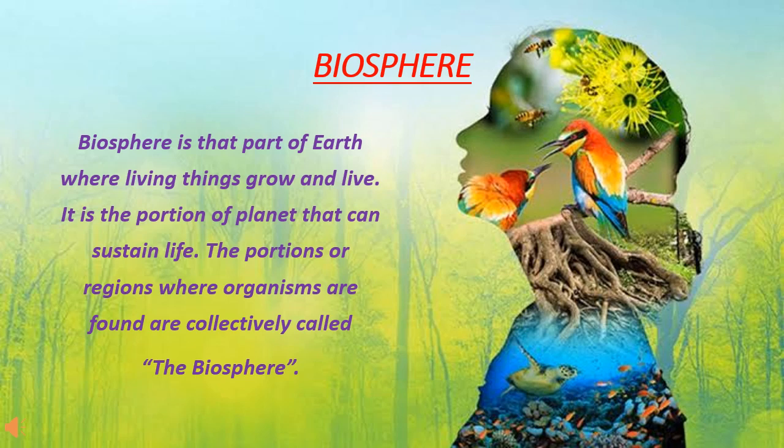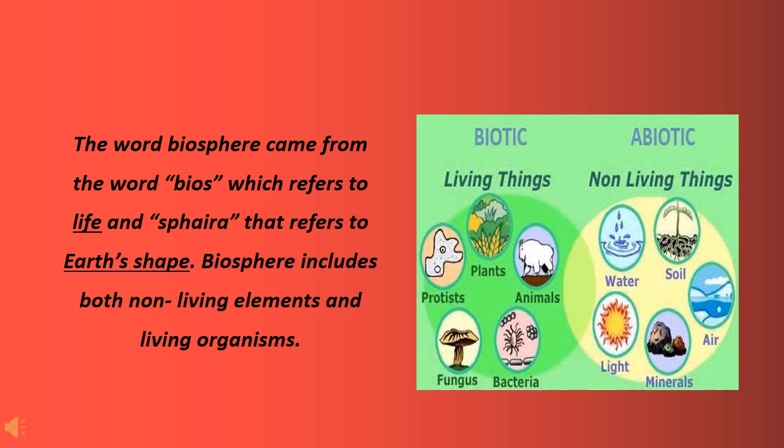It is the portion of the planet that can sustain life. The portions or regions where organisms are found are collectively called the biosphere. The word biosphere came from the word bios, which refers to life, and spira, that refers to Earth's shape. Biosphere includes both non-living elements and living organisms.